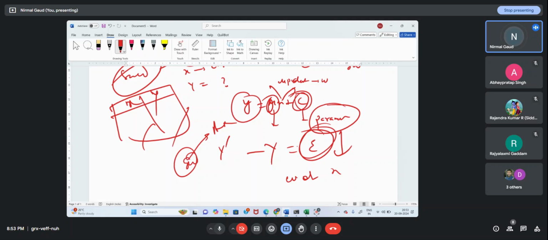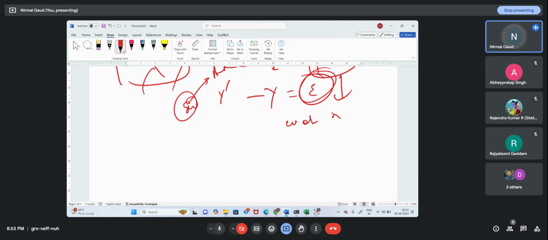This overall is called optimization. And we say that error should be less. That means I will try to change the value of my parameters in such a way that the error is reduced.